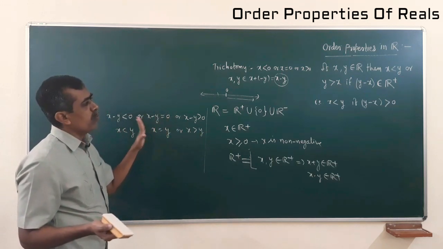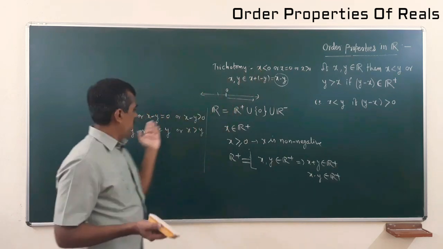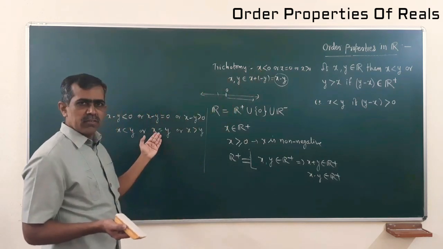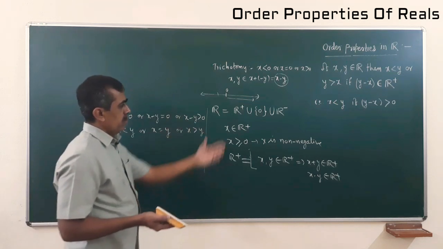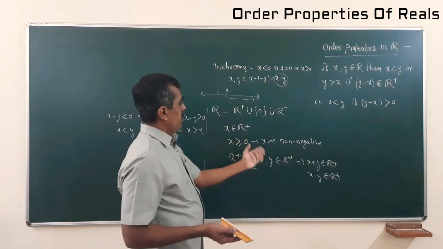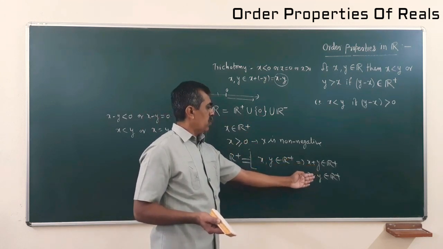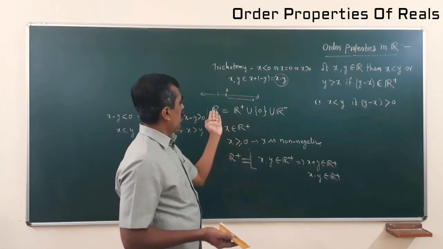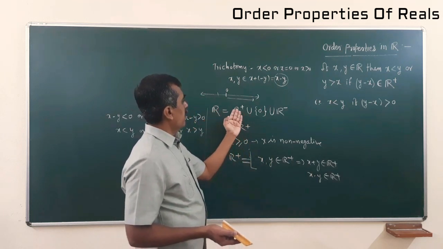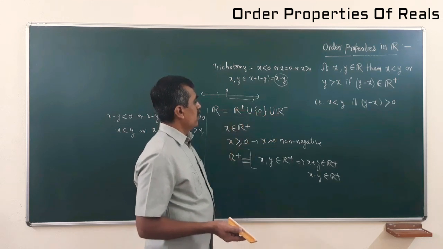So this is all you have learnt regarding the trichotomy law for a single real number and the trichotomy law for any two real numbers, right? And what do you mean by R plus, and what do you mean by the closure property of R plus with respect to addition and multiplication, and how R can be written as the union of R plus, 0 and R minus.